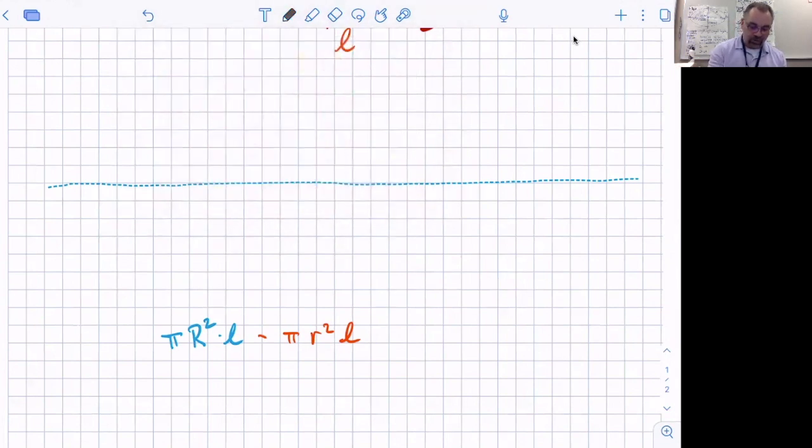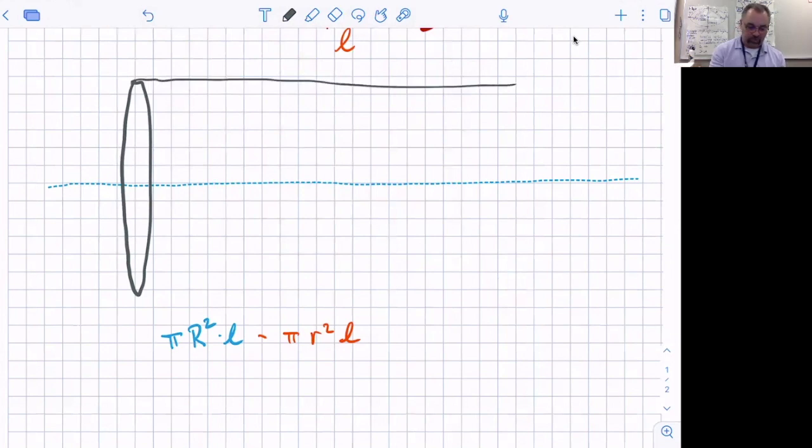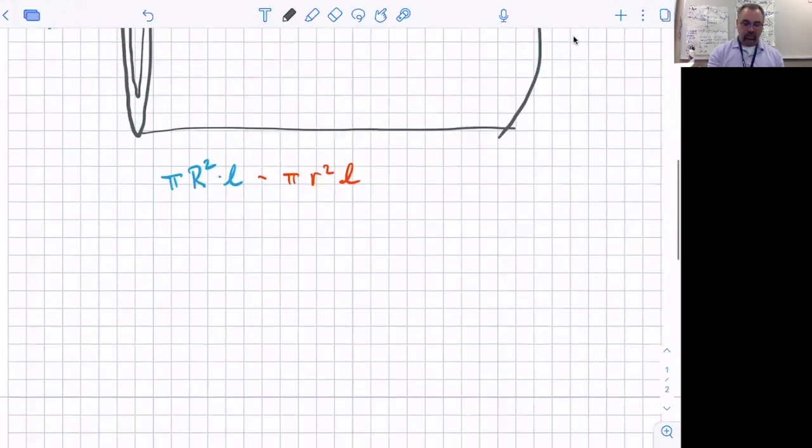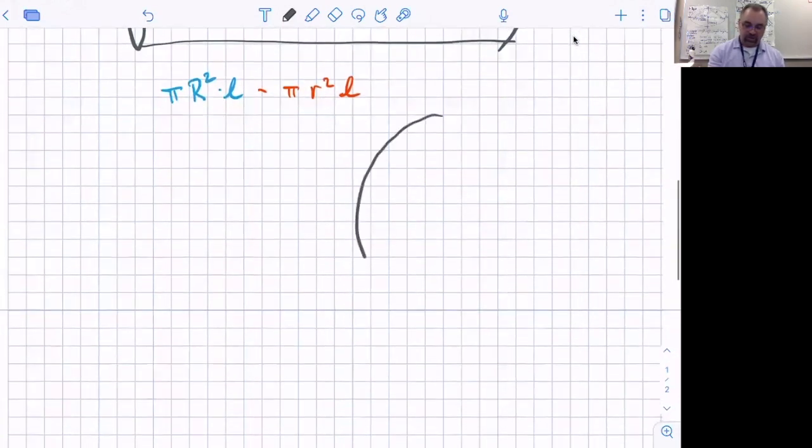If I draw my pipe like so, and I have my inner container, I want to think about the average radius. So I'm going to turn this so it faces us, so we're looking at the end of the pipe.